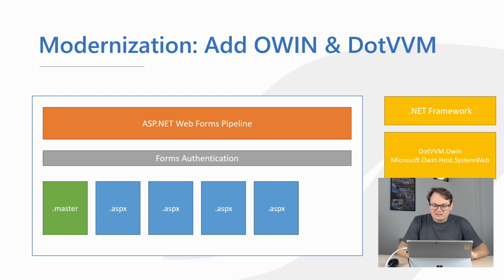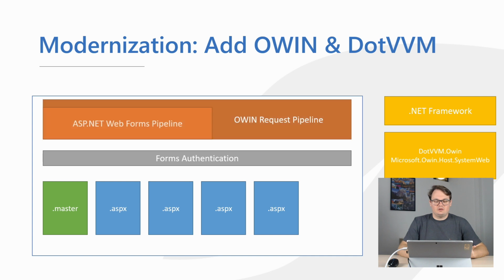And what it does is that it will add a second pipeline to the application. So the Web Forms pipeline will be here, and it will be wrapped with the Owin request pipeline. It's hard to say if they are side by side, or if the Owin is wrapping the Web Forms, or if Web Forms is wrapping the Owin pipeline, because in reality they can touch the request in various phases in the IIS pipeline, but they are both integrated with the IIS pipeline.